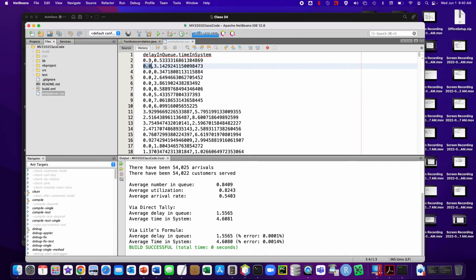So the question is, what is the autocorrelation of these? In other words, if I have a random sample, independent observations, then what should the autocorrelation be? It should be 0. Keep in mind that a correlation of 0 is not the same as independent, but independent implies a correlation of 0.